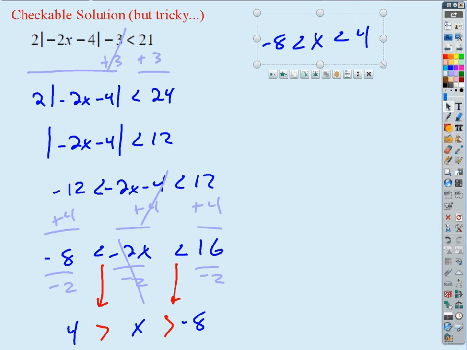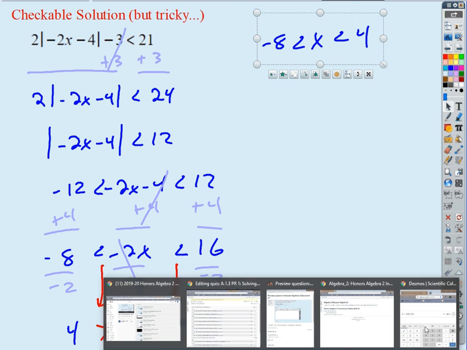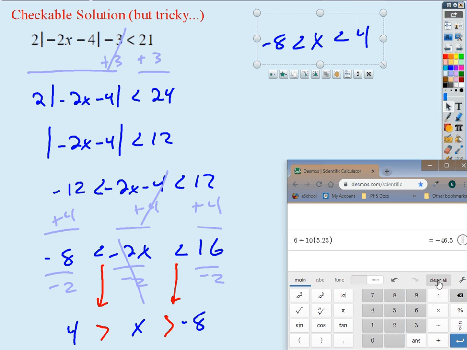When I plug these in, you can verify this for yourself. Putting in this expression on the left, I've got 2 times the absolute value of negative 2x minus 4, minus 3, right? Let's plug in one of those boundaries. Let's plug in negative 8.